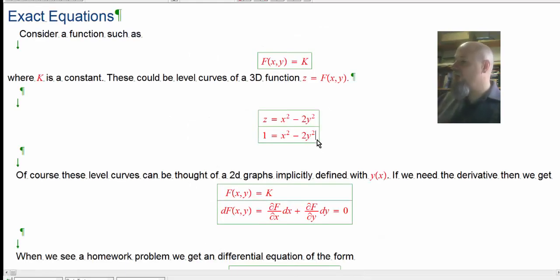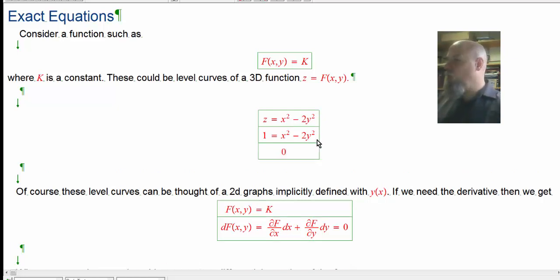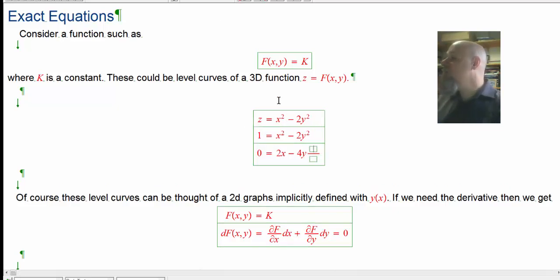So I'm going to differentiate this curve with implicit differentiation. So the derivative of 1 is 0, the derivative of x squared is my 2x, and now I'm differentiating 2y squared, so I get minus 4y then times y prime for implicit differentiation. And instead of writing y prime, let's write it as dy dx.